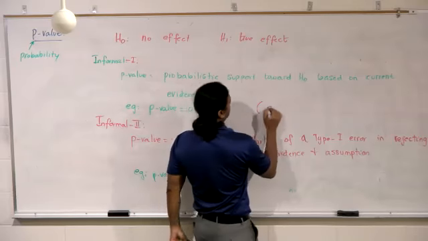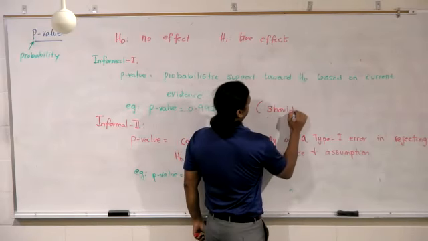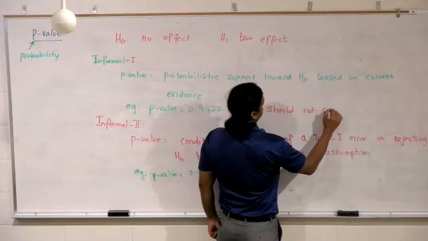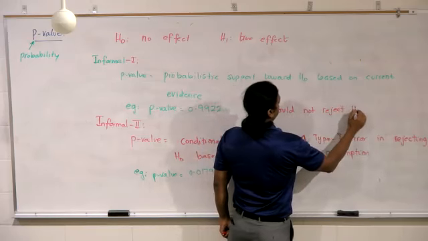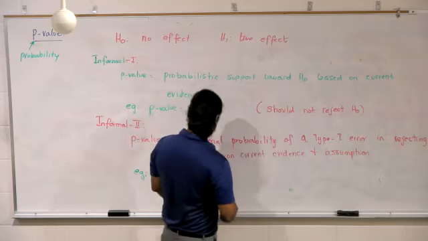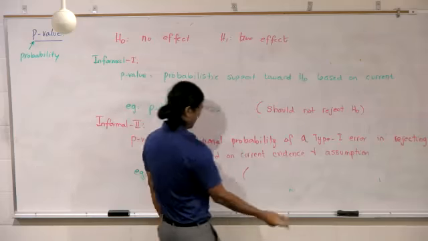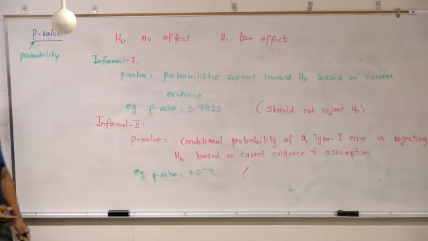In this case, we should not reject null. Here, you can tell me: should I reject the null or could I reject it? Yes, I could, because it's just about 1%. It's just about a 1% chance.